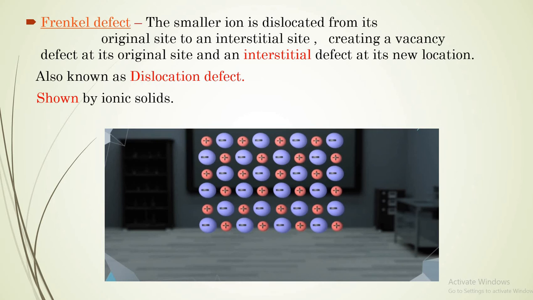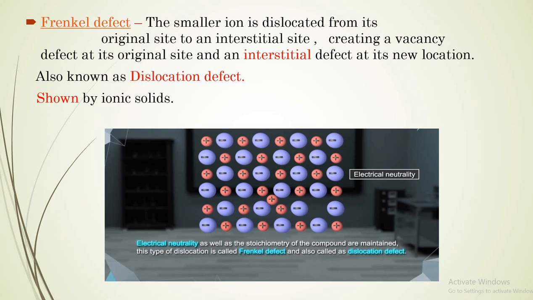If in an ionic solid, a smaller ion, generally a cation, goes missing from its lattice site and occupies the interstitial site such that electrical neutrality as well as the stoichiometry of the compound are maintained, this type of dislocation is called Frenkel defect and also called as dislocation defect.